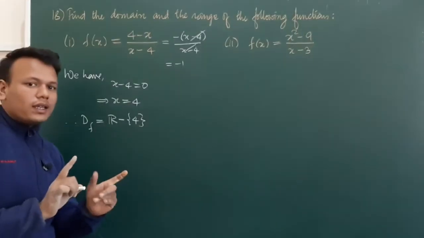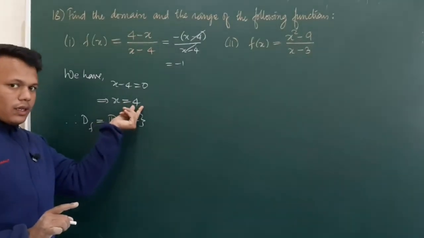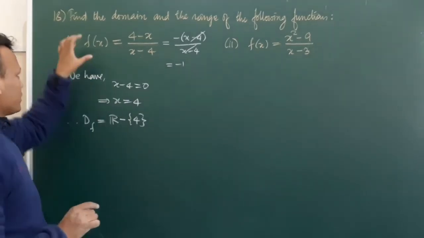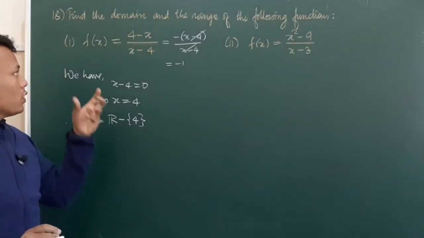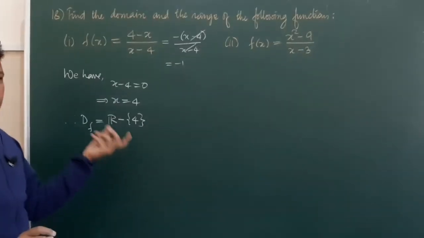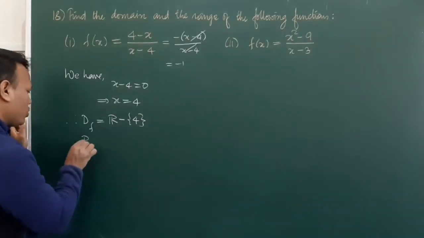If you choose any value of x other than 4, the value of f(x) will be only minus 1. The possible values of f(x), if I put them in a set, give me the range, isn't it? So my range will contain only one element, that is minus 1. So this will be my domain and range for this particular function.